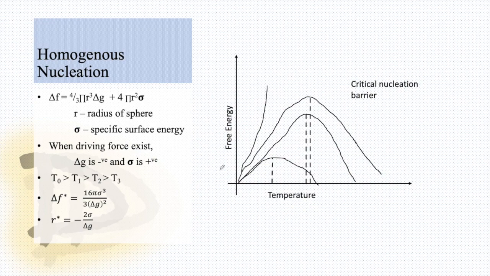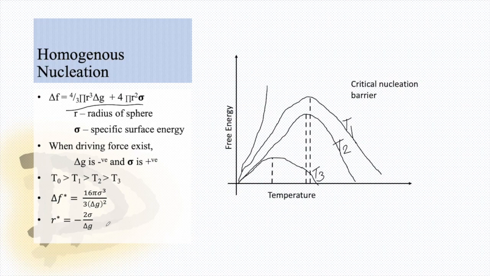Free energy is given by the formula where r is the radius of the sphere and sigma is the specific surface energy. The graph is between the free energy and the radius, and it is studied for various temperatures T1, T2 and T3.